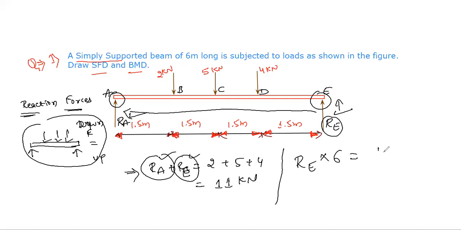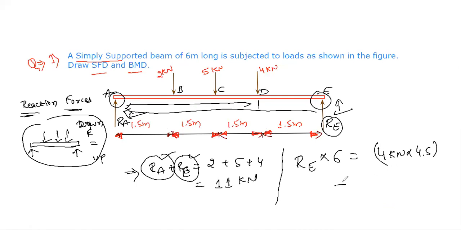What is this? 4 kilonewton into this distance. What is the distance from here to here? It is 4.5, 1.5 plus 1.5 plus 1.5.